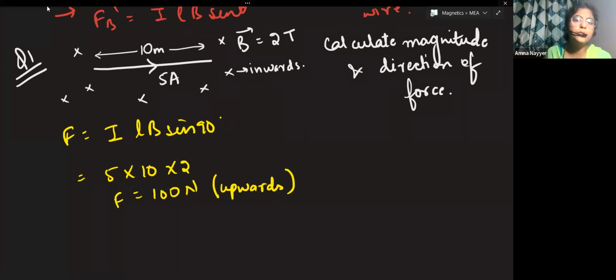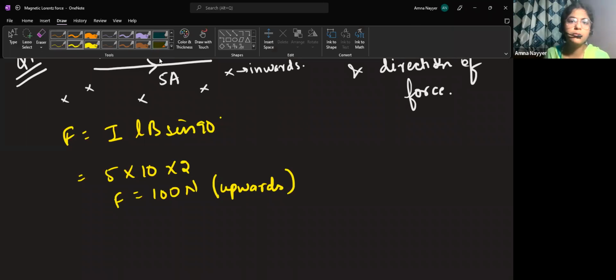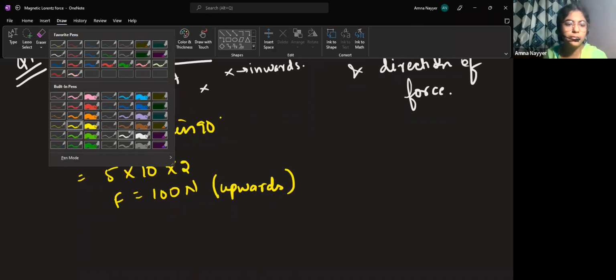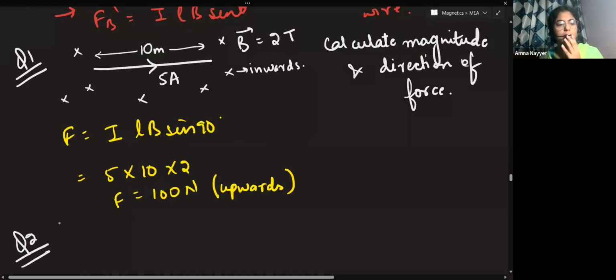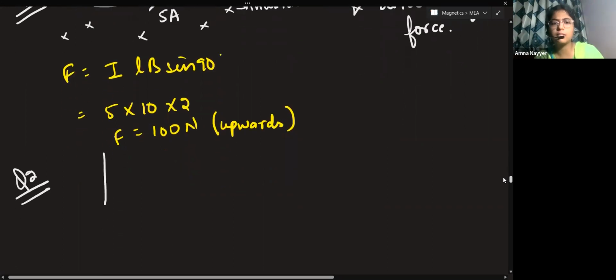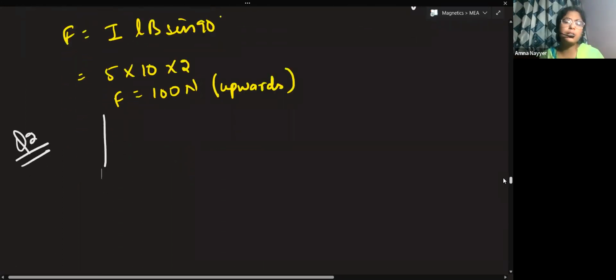I'm giving you more questions. Then we'll shift on to parallel conductors. But at least try that question. The calculations portion, everything is very easy.